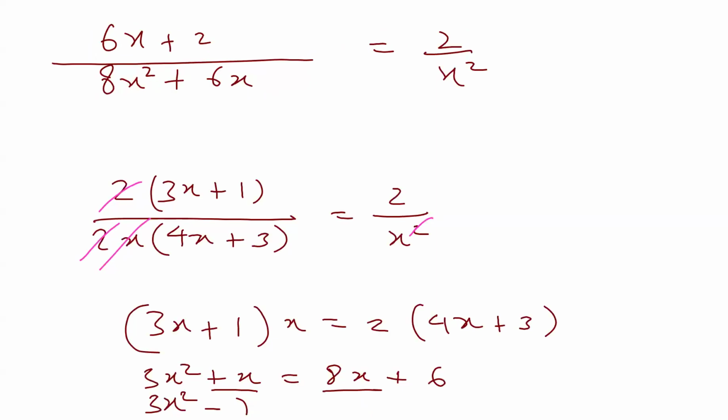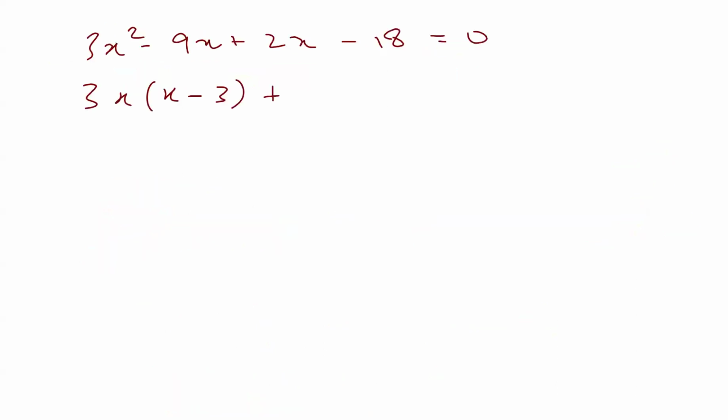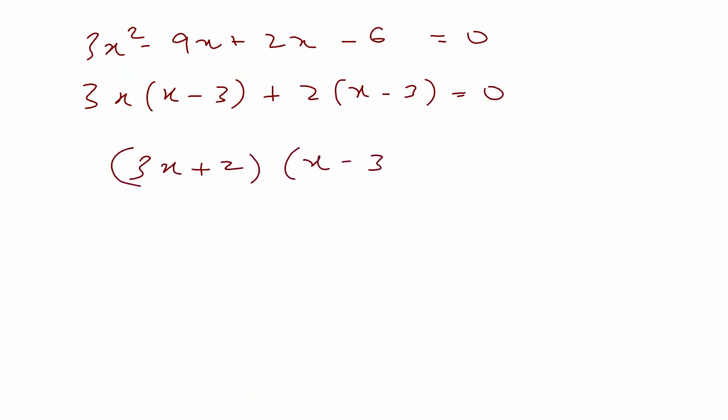Just a second. 3x square minus 7x minus 6. It's not minus 18, minus 6, sorry. And 2 into x minus 3 is equal to 0. 3x plus 2 into x minus 3 is equal to 0. So x is equal to 3 or x is equal to minus 2 by 3.